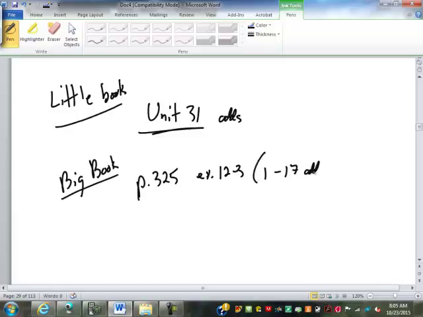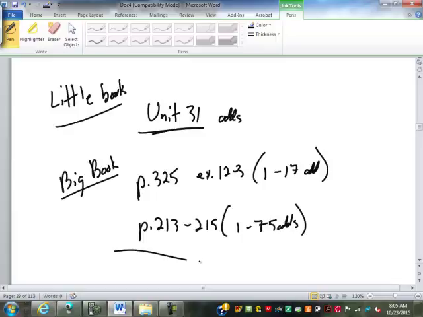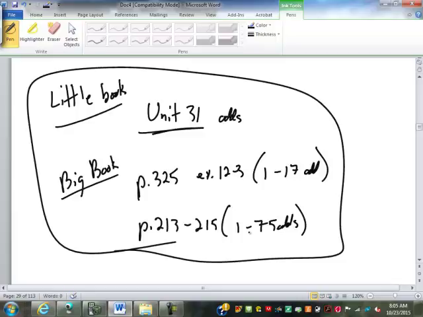Do the odds again. And page 213 through 215, 1 through 75, the odds. A little bit of review of your integers, your negatives. Through 75. Woo.